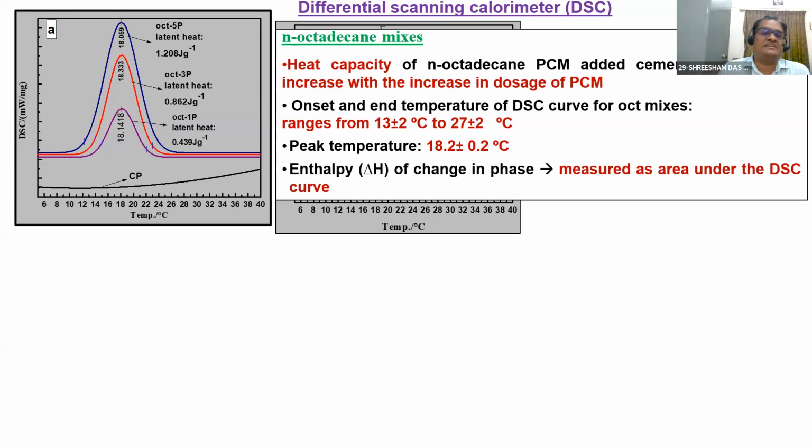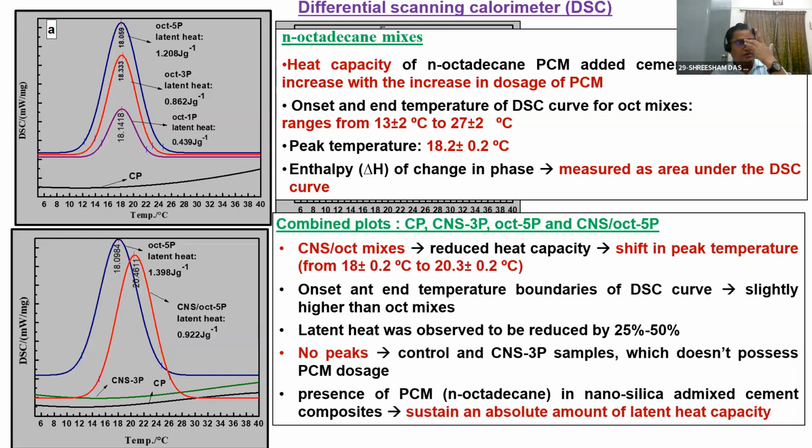So you can measure the enthalpy, that is, you can measure the area, and there are so many softwares available which will give you the area if you upload these curves. So that is only the PCM based material.